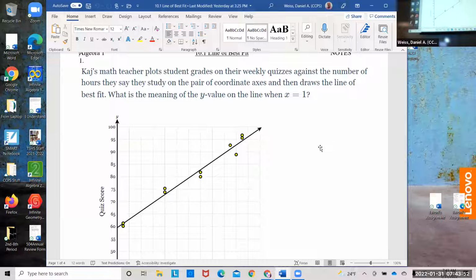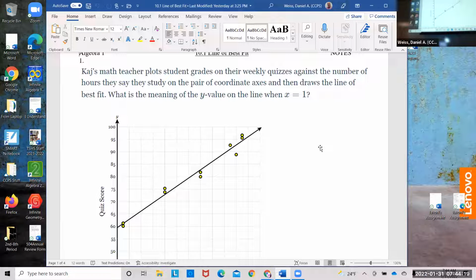A line of best fit means just pretty much guessing what the best line would be to match up, because it's not a perfect line, but we're just going to draw one in there just to see approximately where a point would land based on a figure.